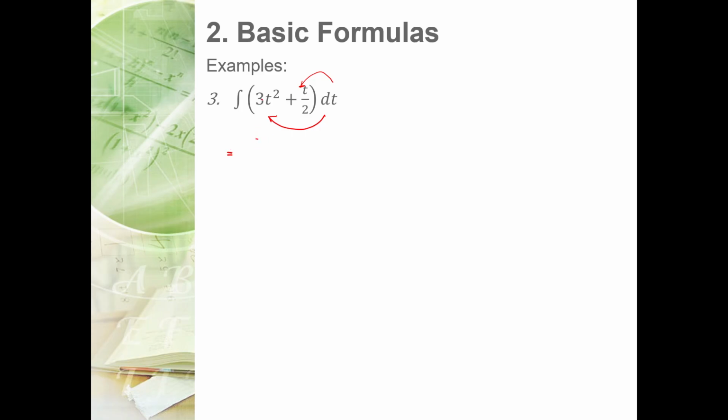So the integral of 3t squared dt plus the integral of t all over 2 dt. Since we have constants, 3 integral of t squared dt, and the second term also has a constant of 1/2, so t dt.